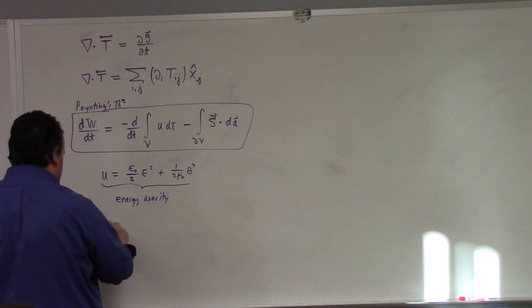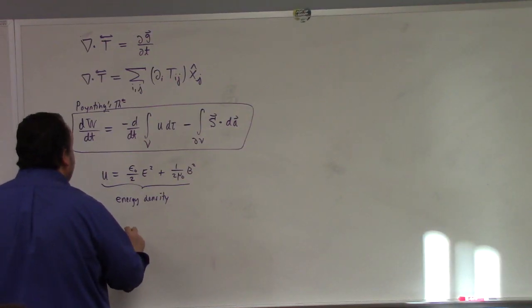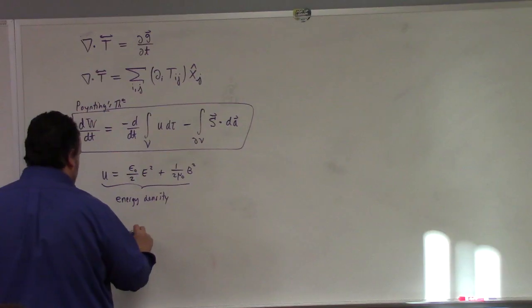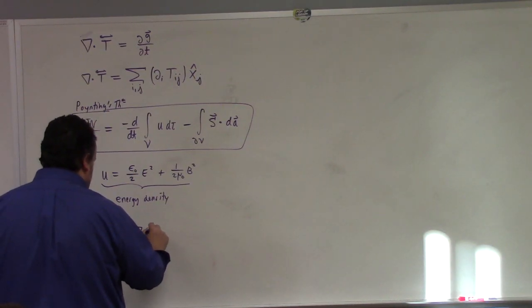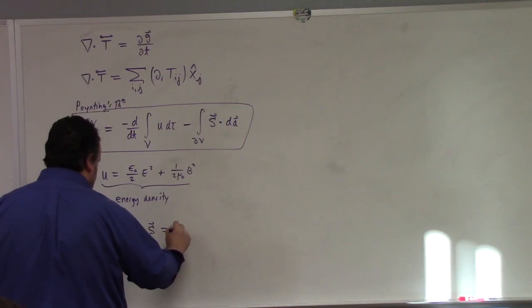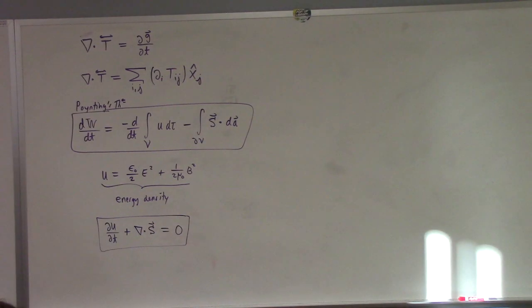I think it was partial u, partial t, plus, goodness gracious, I've forgotten already. The divergence of the Poynting vector is equal to 0. Is that right? Yeah. So that was local conservation of energy.